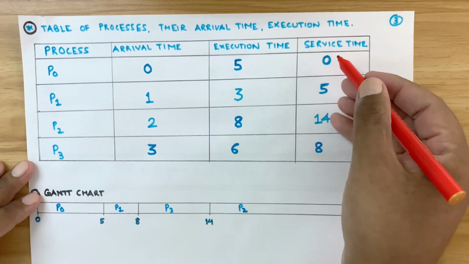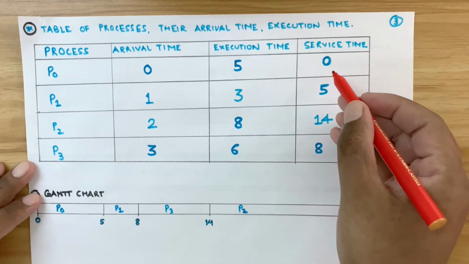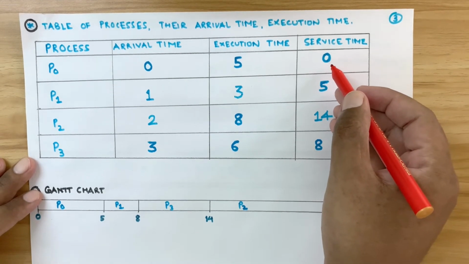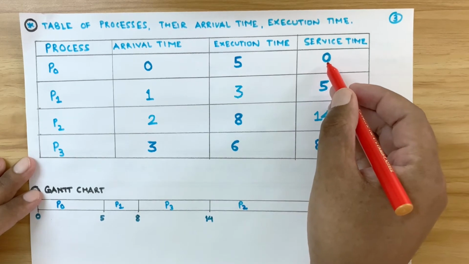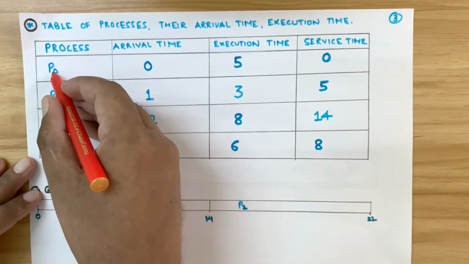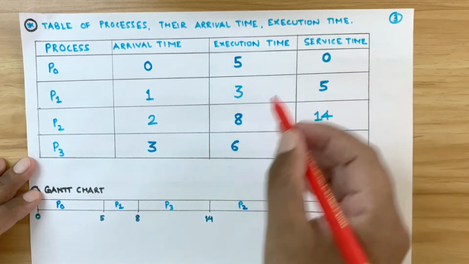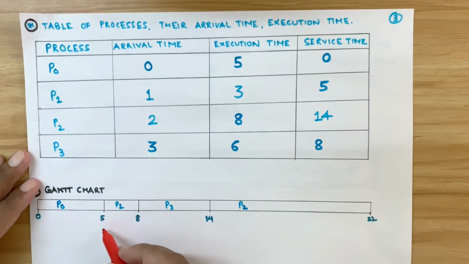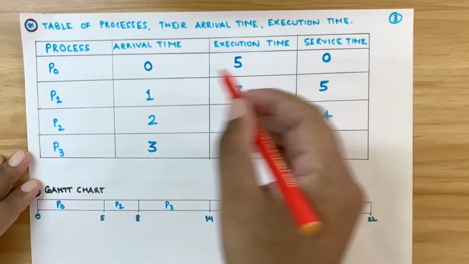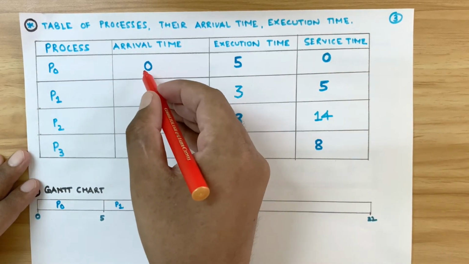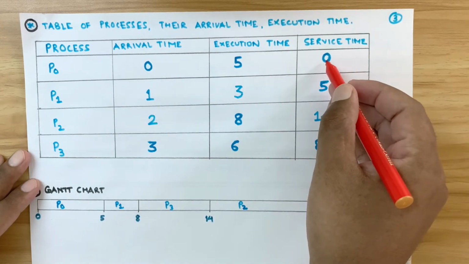This is their service time. That is, at what point of time the service is provided to the process, at what point of time the processor is assigned to the process. For example, in the Gantt chart also we will see and I will explain it. The service time of the first one is 0 second. That is, the processor is provided to P0 at the arrival time, that is 0th second.